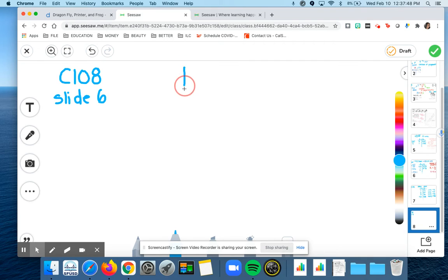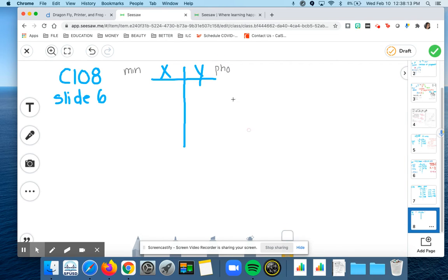The first thing I'm going to do is make a table. Here I have X and I have Y. X is going to be representing the minutes, and Y is the number of photos, right? So let's make that more accurate.